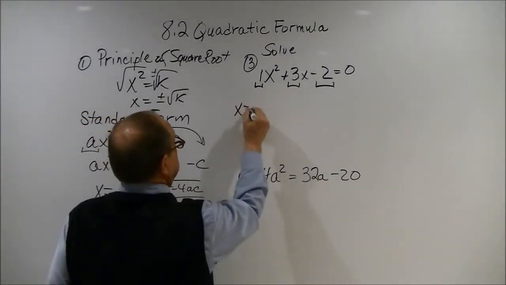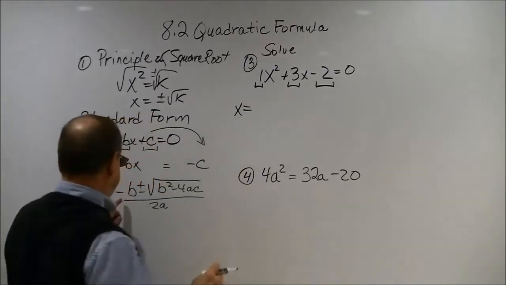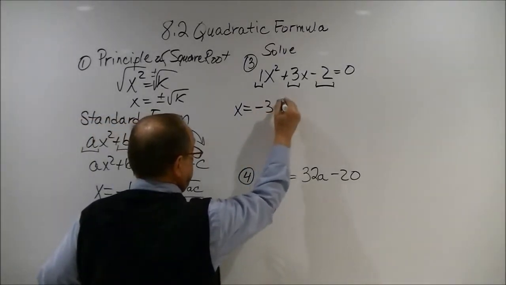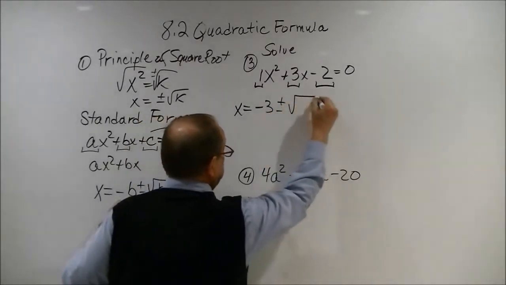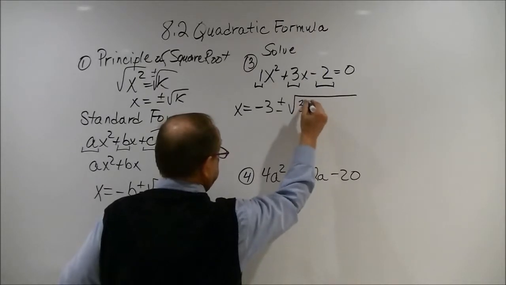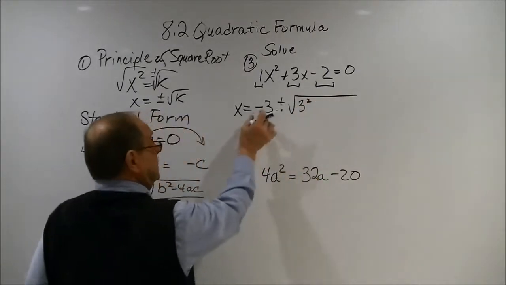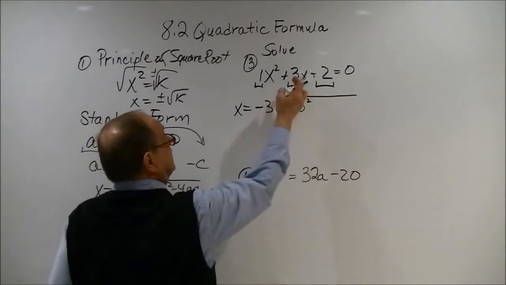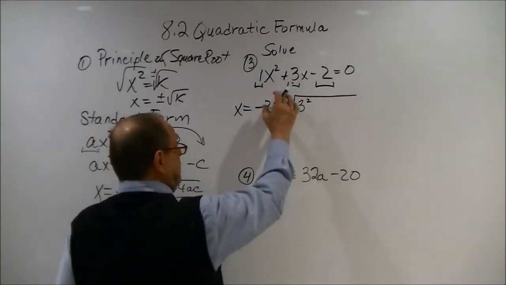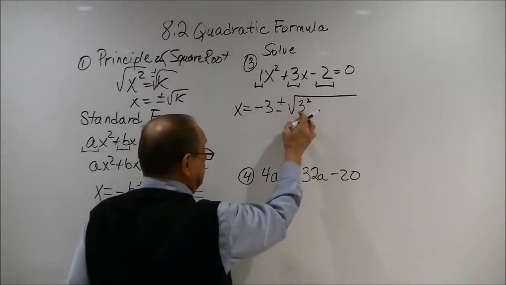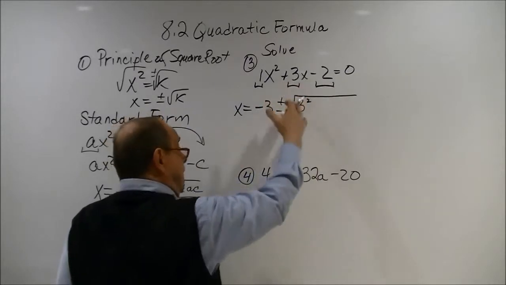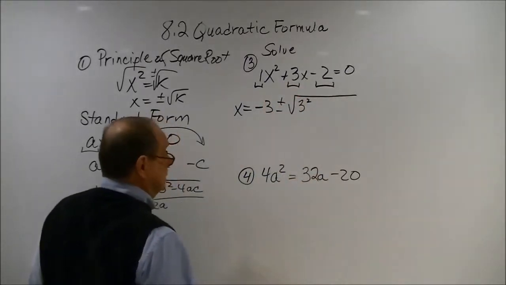So x equals a negative b, so that's going to be a negative 3, plus or minus now the square root of b squared, which is going to be 3 squared. It's a positive 3 here, but this term always ends up positive because if it's a negative something squared, it'll become a positive. If it's a positive something squared, it will stay positive.